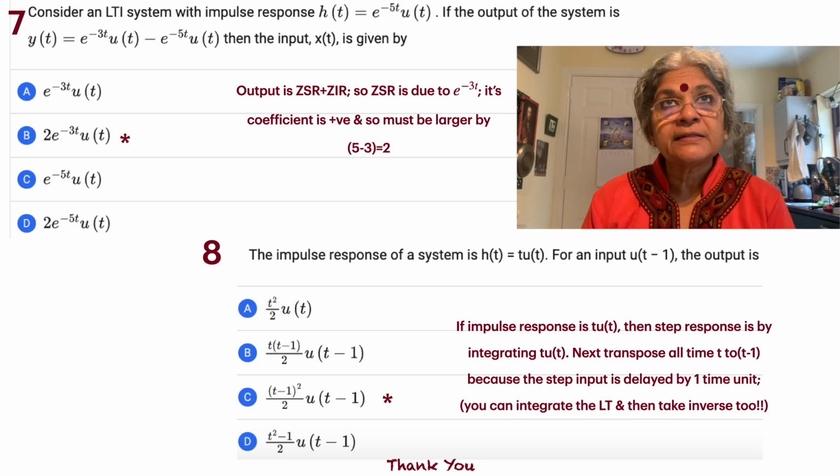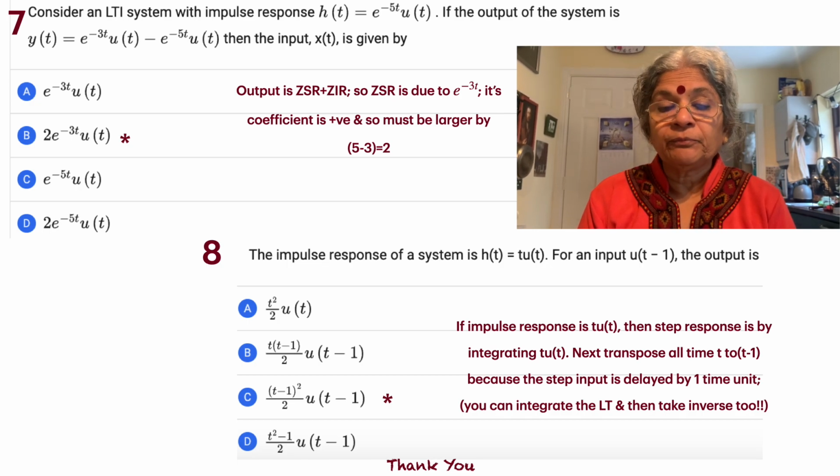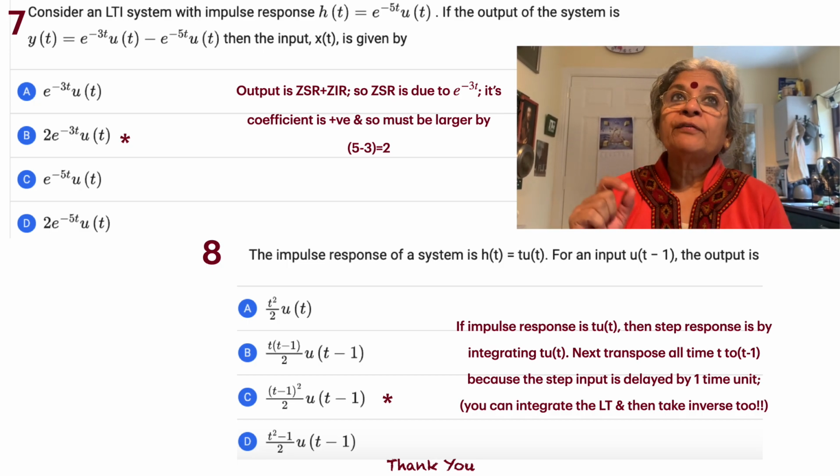So e raised to minus s in the inverse Laplace means replacing every t by t minus 1. So we have t square by 2 becoming (t minus 1) whole square by 2, and since it is initiated only at t equal to 1, you have to add the component of u(t minus 1). So option C is the best answer.